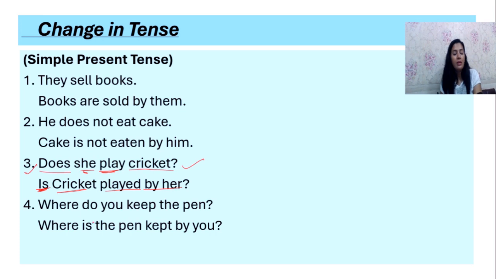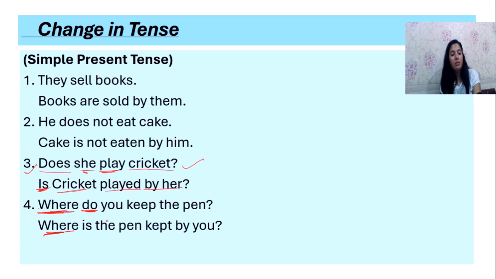Similarly, there is one more interrogative sentence. Where do you keep the pen? Here there is an interrogative word, where. So when we change such sentences into passive voice, this WH word, the interrogative word, will come at the same place. Because this is interrogative, we can't change the form or the structure of the sentence. Then this is in simple present tense.